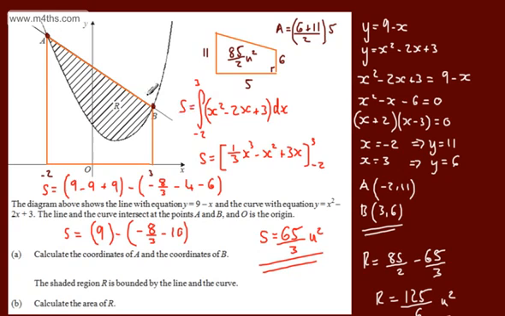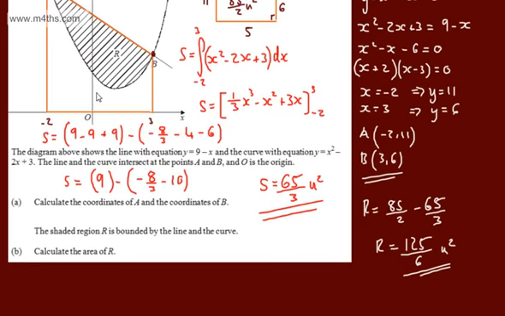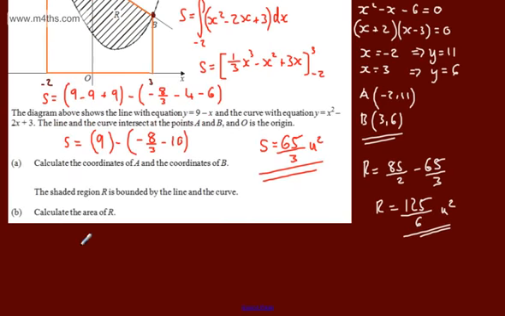Now if I look from A to B, we can see that the curve is below the line. So what I'm going to do is integrate now the line and subtract away the curve in one go. So what I'm going to say here now is R will be equal to the integral, and we're taking it from the same values of minus 2 and 3, and I'm going to take the line which is 9 minus x. I'm going to subtract away from it now the quadratic, and this is going to do it in one go.